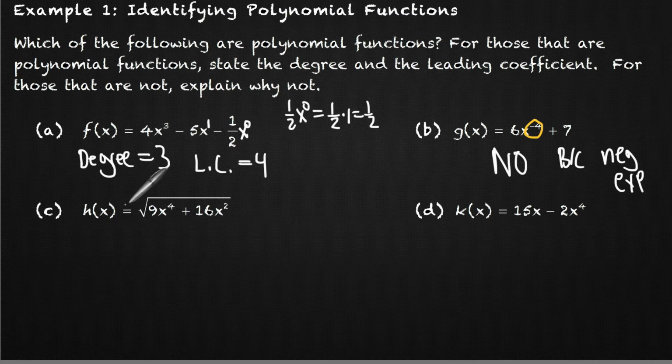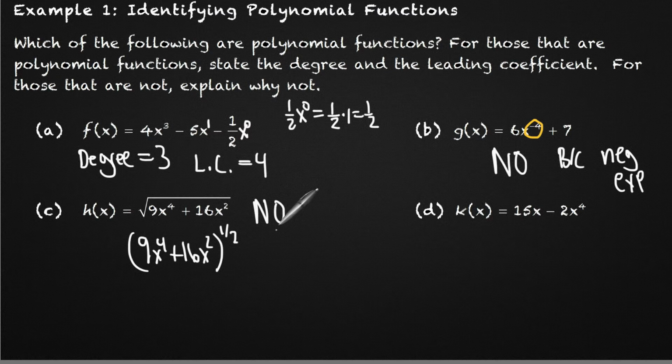All right, let's look at letter C. Here we have the square root of 9x to the fourth plus 16x squared. So I can write this as 9x to the fourth plus 16x squared, all of this to the 1/2 power. Now, we see the square root here, and that automatically makes it not a polynomial. So you would say no, and it's because of a fractional exponent.